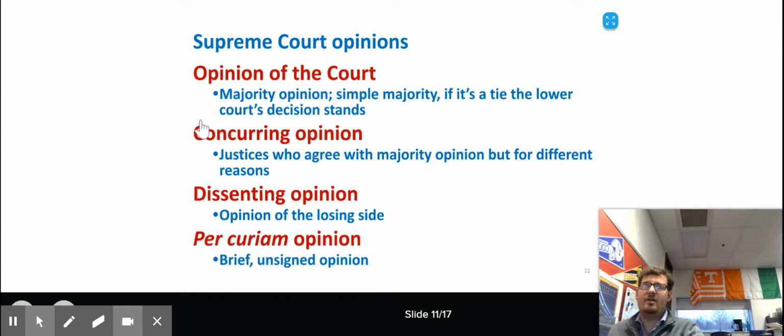A concurring opinion is from justices who agree with the majority opinion, so they are voting in favor, but for different reasons. They may lay out different constitutional arguments. Maybe they disagree with the phrasing or the sentiment behind the majority, but constitutionally they feel obliged to agree.